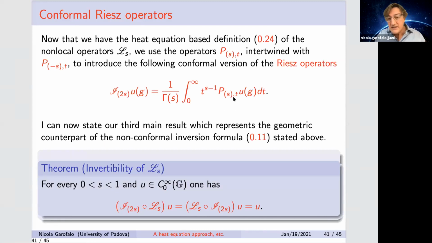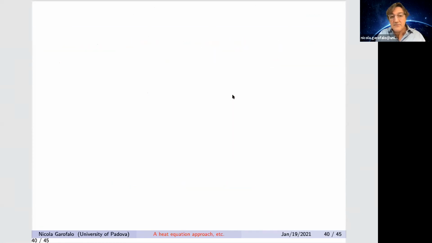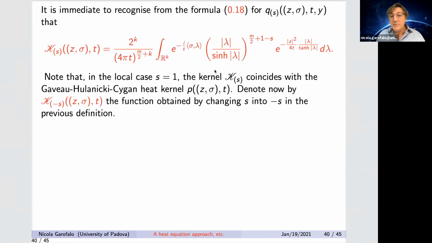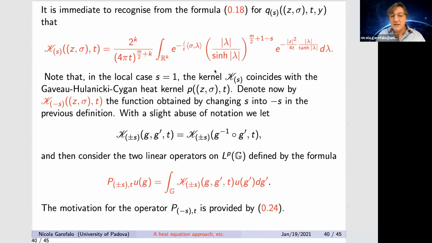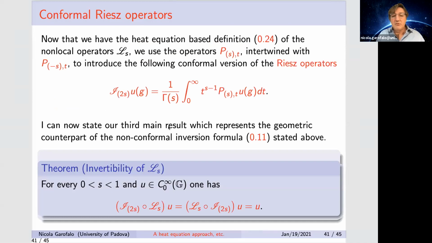Notice that here there is this P_s, and instead in the definition that we use of L^s, there is P_{-s}. Neither one of these two operators is the same. So there are some difficulties there, but we are able to obtain an invertibility formula that parallels the one that I told you for L^s.